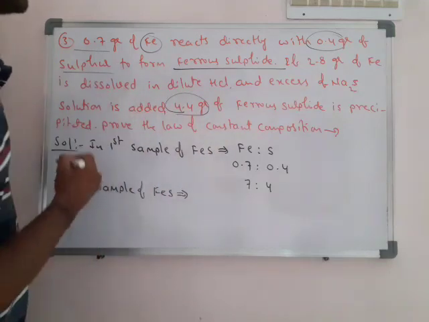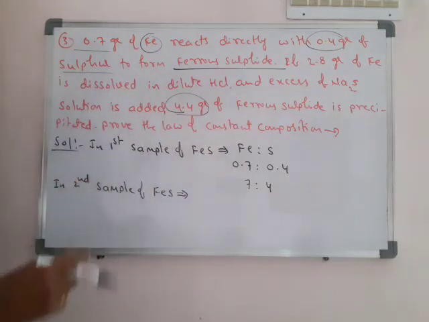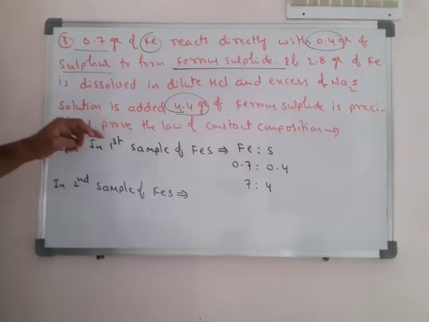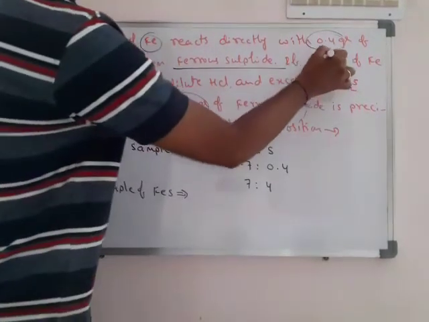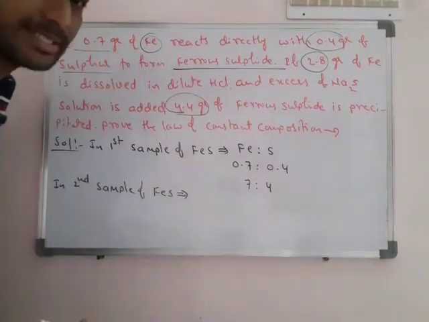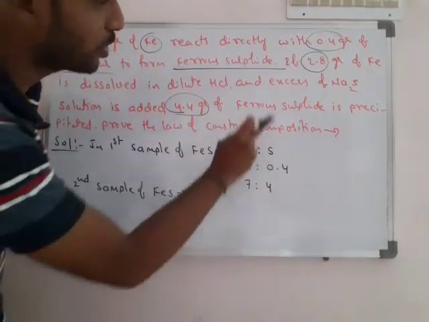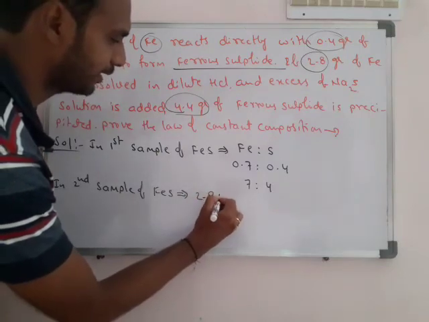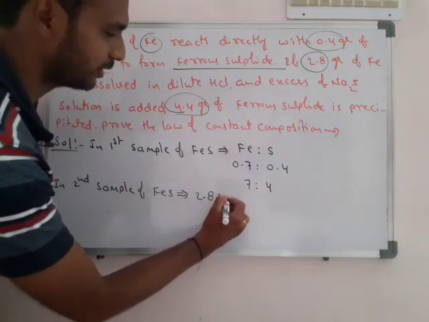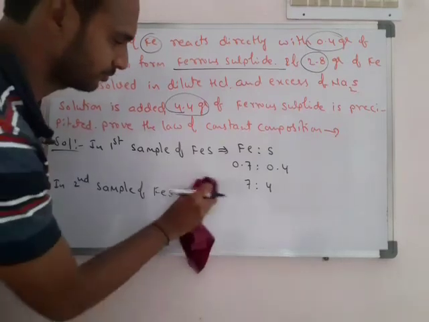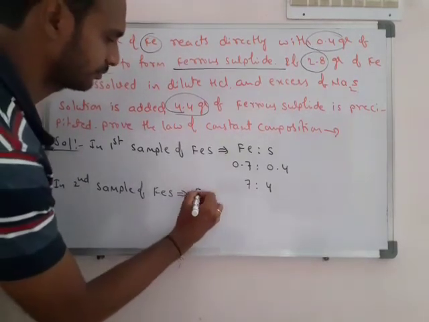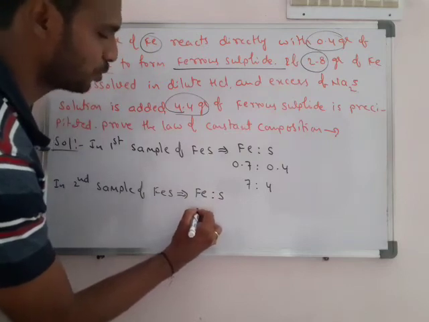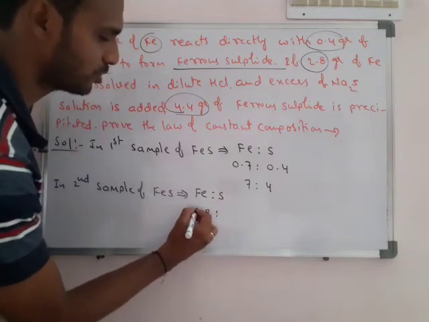Here 2.8 grams of iron is reacted. So in the second compound they took 2.8 grams of iron. Then what about sulfur? Iron, how much? 2.8 grams, the preparation started with that.